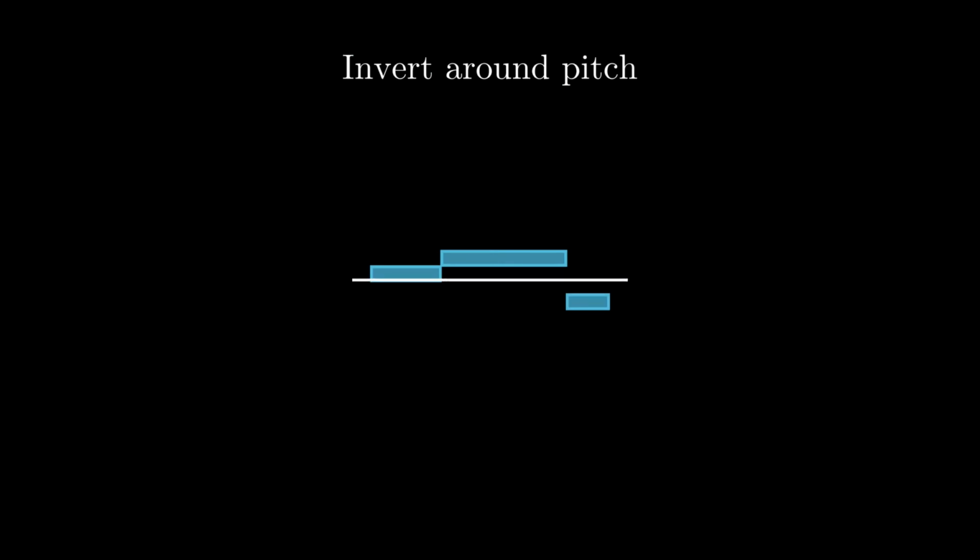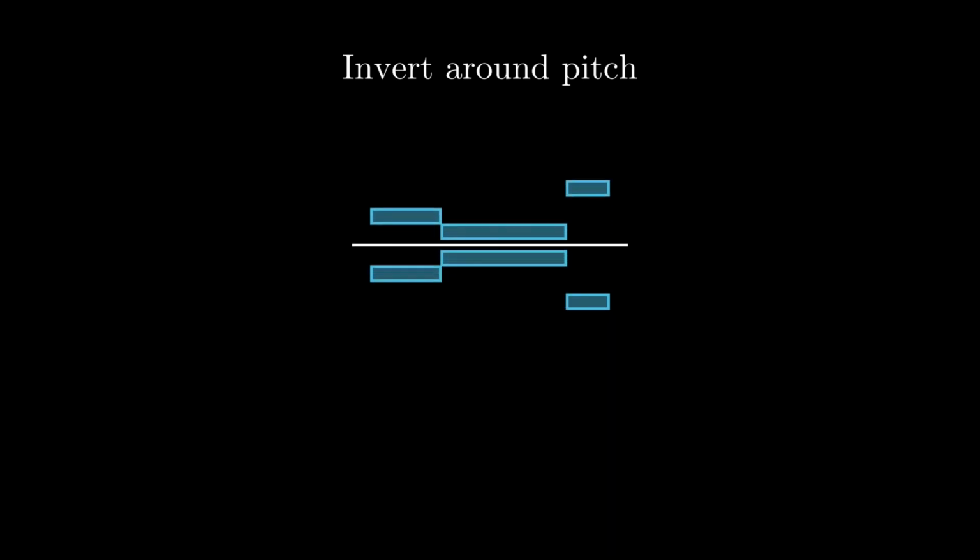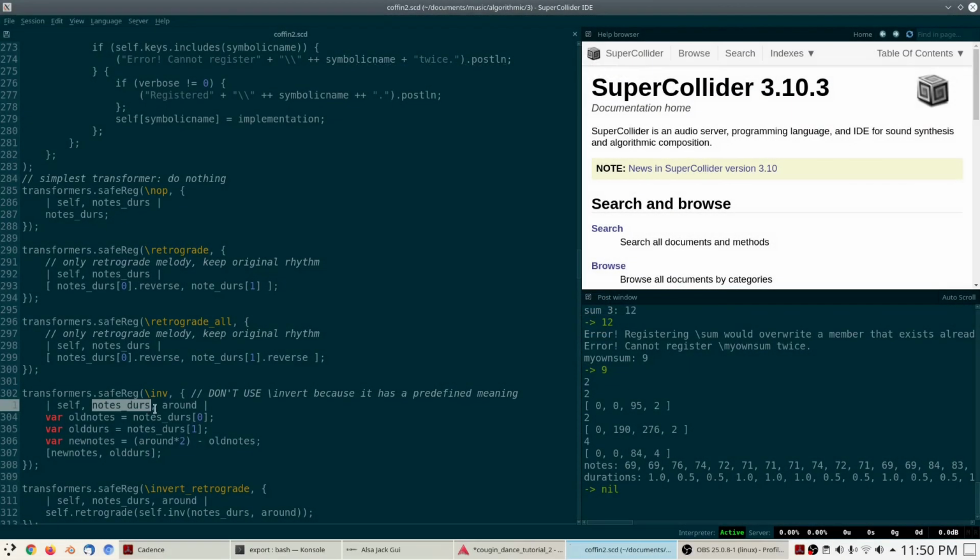So what will that do? Invert inverts music around a pitch. So we need two arguments now. First is the list of notes and durations. And we also need to pass a pitch, a note number around which we will invert. And the mathematical formula for inversion is this. You can check it on a piece of paper if you like, or you can just believe me.